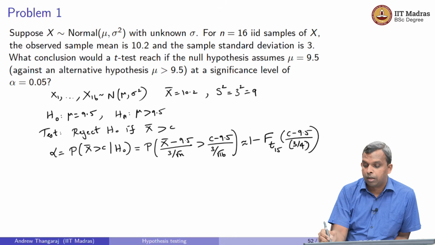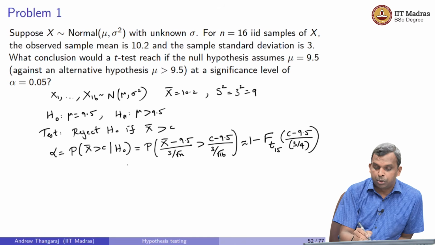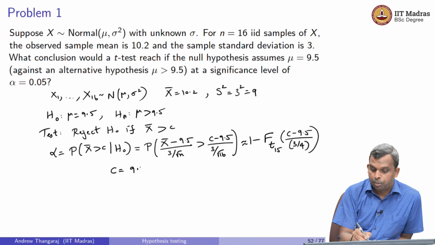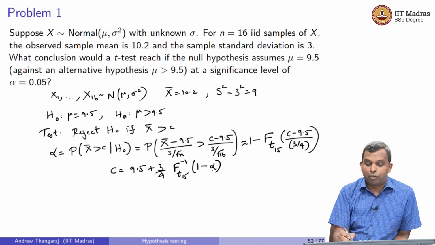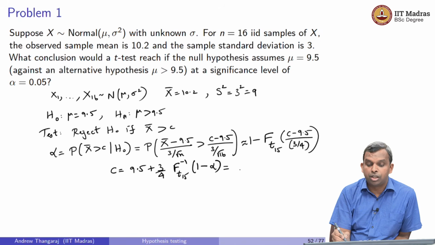So from here you can compute that c equals 9.5 plus 3 by 4 times F_T15 inverse of 1 minus alpha. So this is the formula. Now if alpha is 0.05, this is going to become 0.95 and c is this. So this is the calculation you have to do.